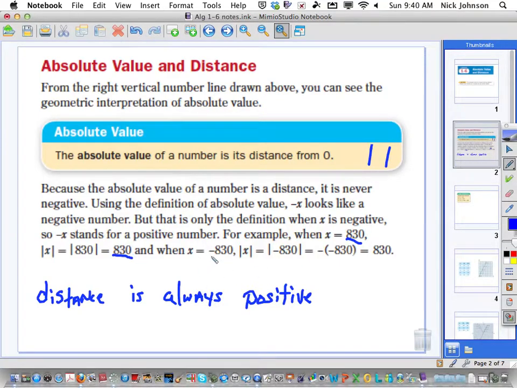When x equals a negative 830, the absolute value of a negative 830 is equal to negative negative 830, which equals a positive 830. And we don't actually look at it like that. We just know when we take the absolute value, you always end up with a positive number. I don't ever write it like that. Okay?